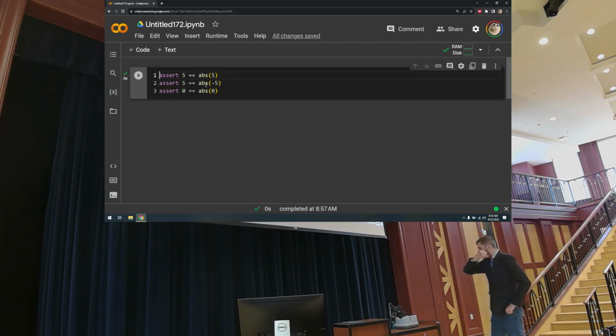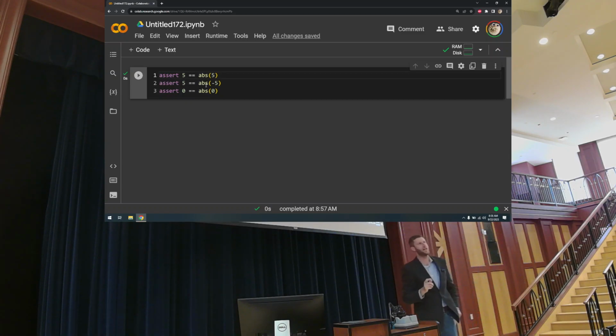Now, with this problem here, I didn't pick these 3 examples out of nowhere. There was a reason I picked these 3 examples for tests. Anyone want to take a wild guess?